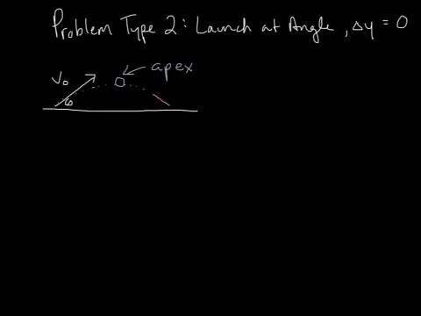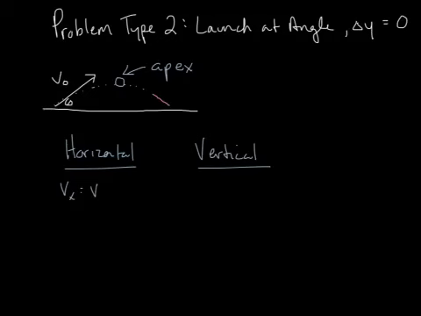So for any projectile motion problem, we're going to split our stuff up into horizontal components and vertical components. And so there's a few things we need to know. For the horizontal, of course, we know that Vx equals V0 cosine theta.